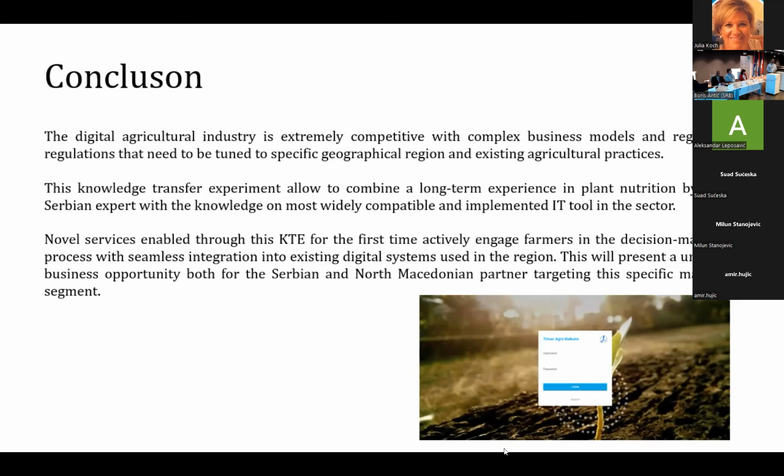And this knowledge transfer experiment allows combining long-term experience from the agriculture sector with experience from the IT sector. So in this case, what is the success story? Because the agriculture sector called the IT sector to help agriculture, not the opposite.